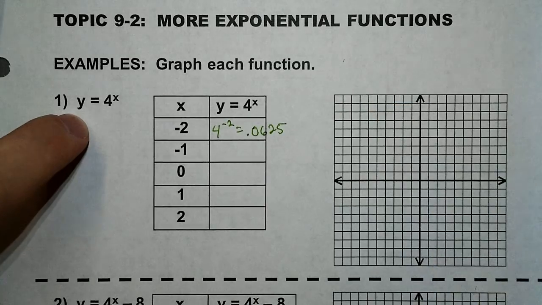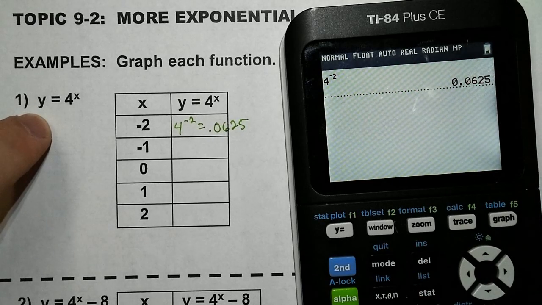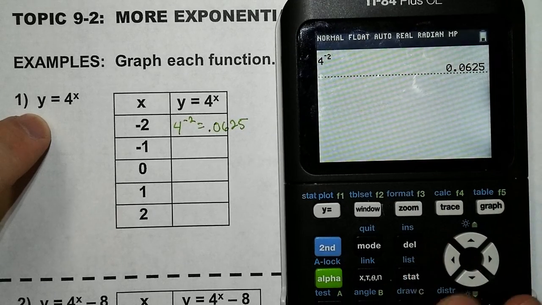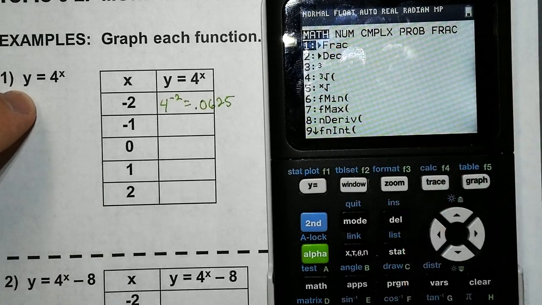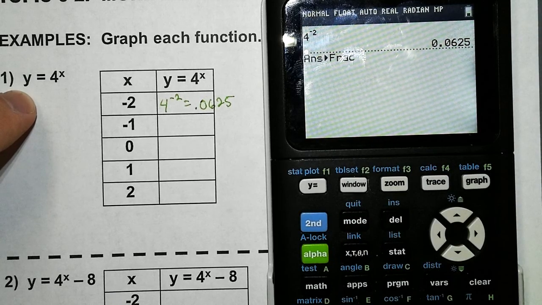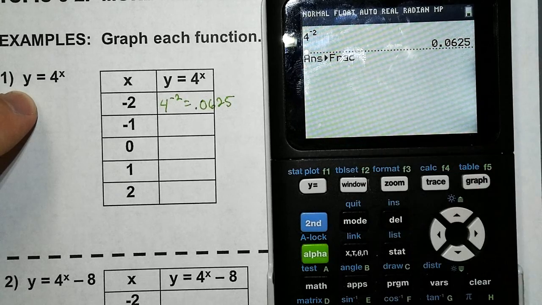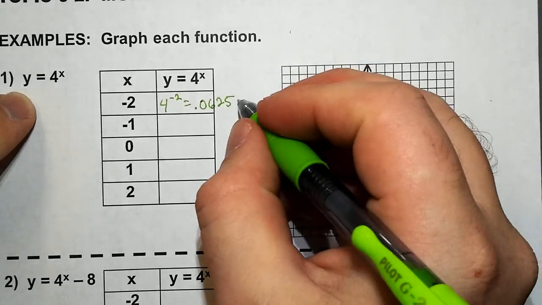Now, sometimes it's hard to tell exactly what the value of a decimal is. You can always take the decimal value, push the math button, and then the first selection there says fraction, push enter, and then push enter one more time, and it's literally just saying take your answer and change it into a fraction, which would be 1/16.